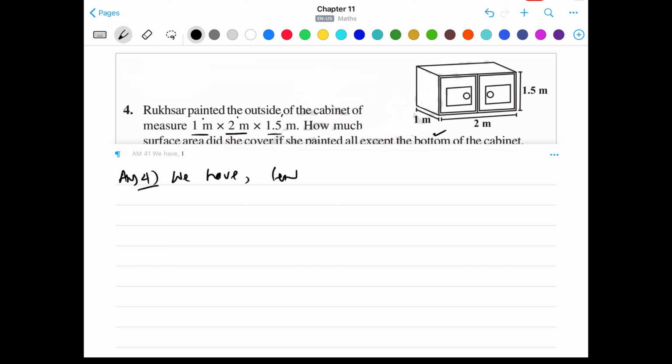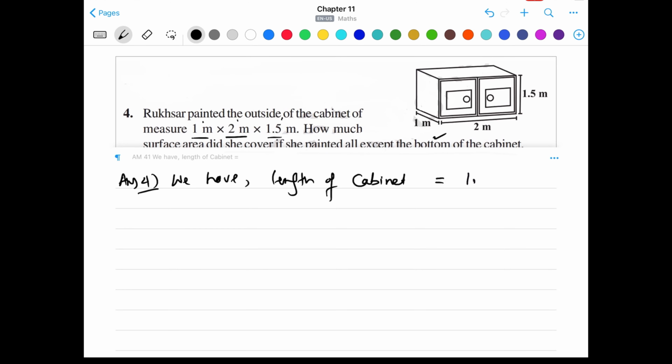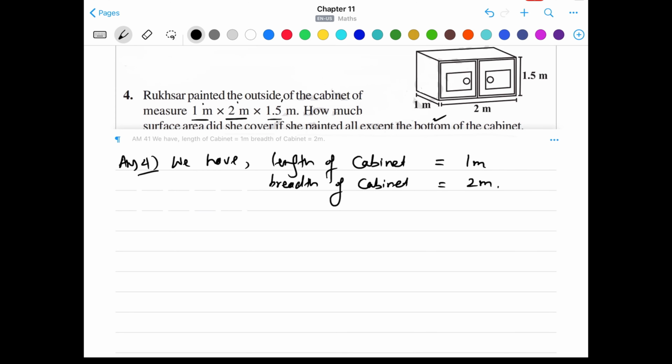Length of cabinet is equal to 1 meter, breadth of cabinet is 2 meter, and the height of cabinet is 1.5 meter.